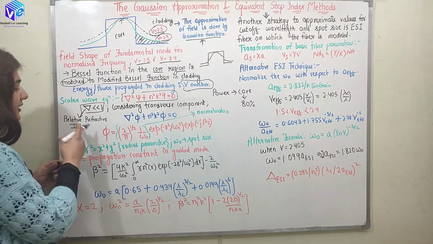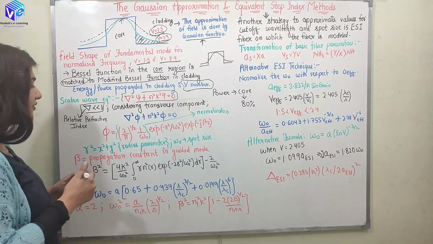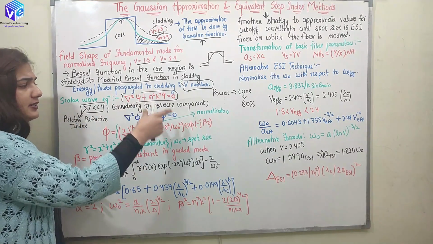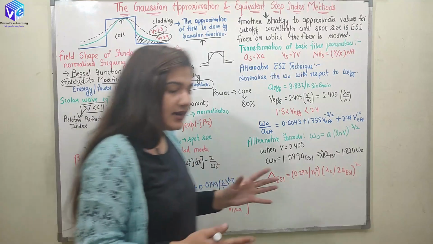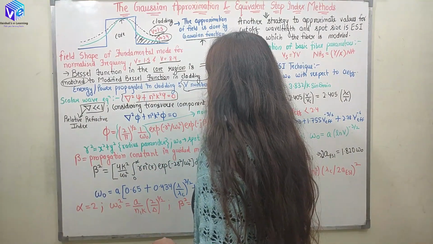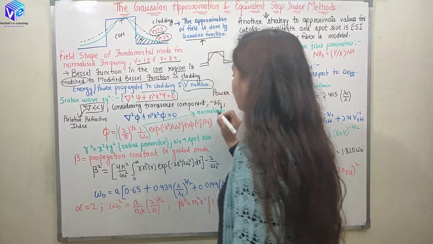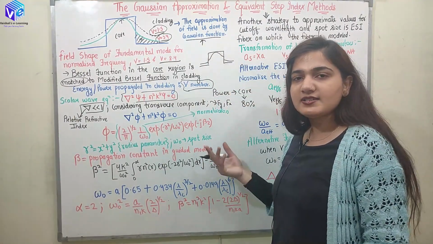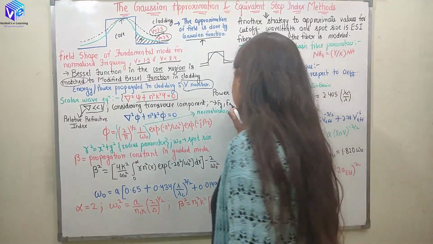Del is my relative refractive index. When my relative refractive index is very much less than 1, and when I am considering only the transverse component, right? So when I am considering that my electric field is present only in the EY direction, the electric field in the EX and the electric field in the EZ direction would be negligible.